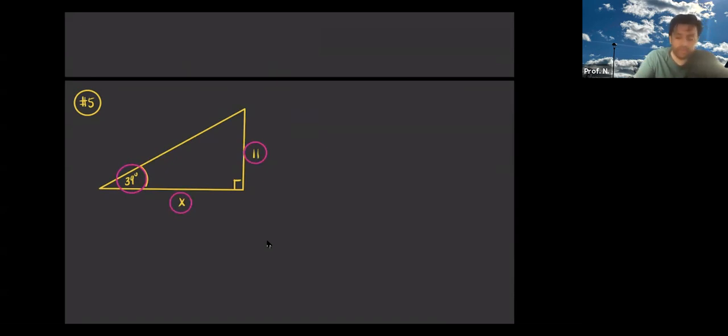So if it's opposite over adjacent, then we're using tangent for this. So tangent of 39 degrees is equal to the opposite side over the adjacent side, X. And I want to find X, so I can treat this as a proportion. I cross multiply, and I get that X times tangent of 39 degrees equals 11.